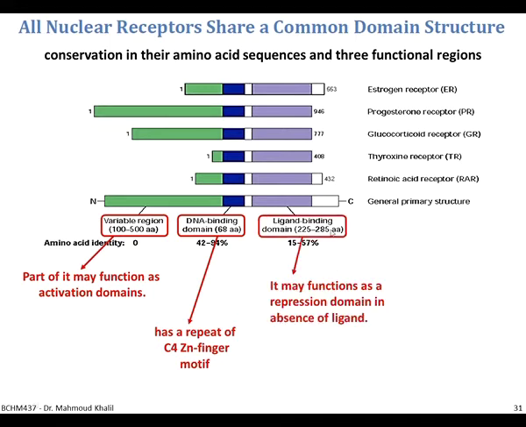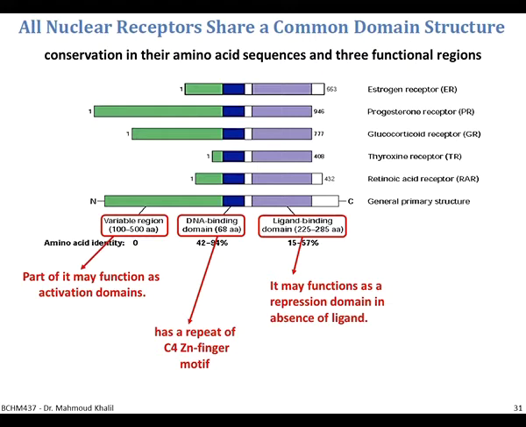The ligand binding domain, as we said, functions as a repression domain in the absence of the ligand. When there is no hormone inside the cells, the nuclear receptor has to be inactive, in order not to overactivate gene expression and not to produce proteins that are not necessary for the cell.